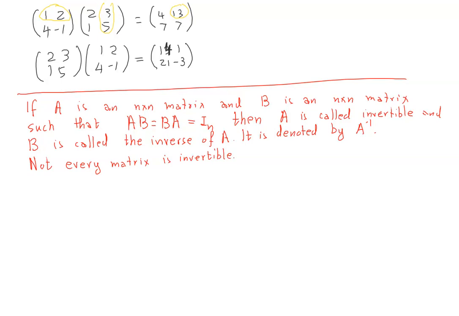So most matrices are invertible. If a square matrix is not invertible, then it is called singular.